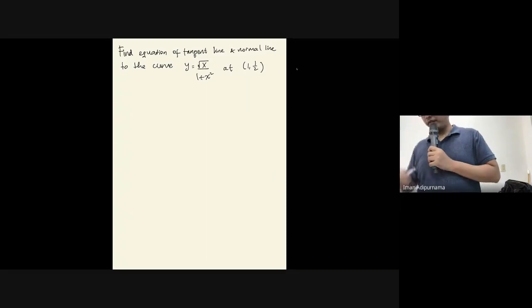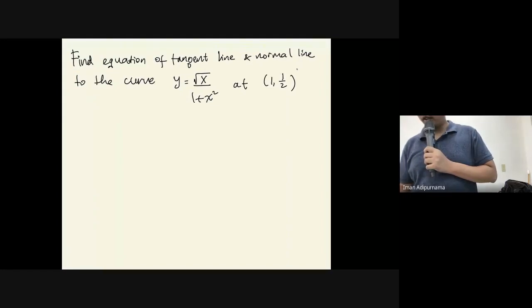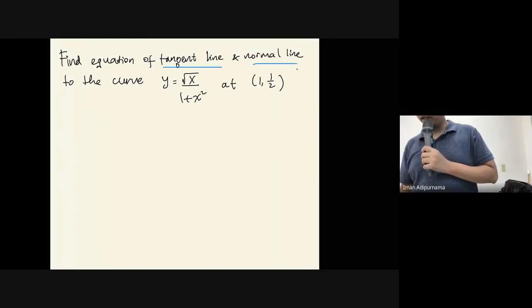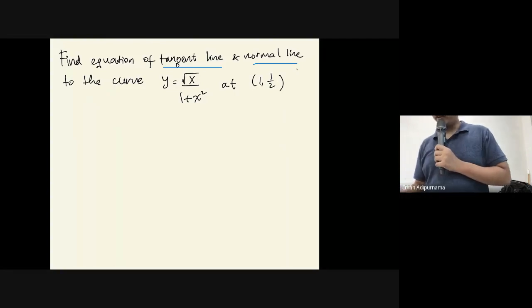Maybe if you remember how to solve, you can try. But here is the idea. So this is the tangent line, this is the normal line. Whenever you have this problem, tangent line, normal line.